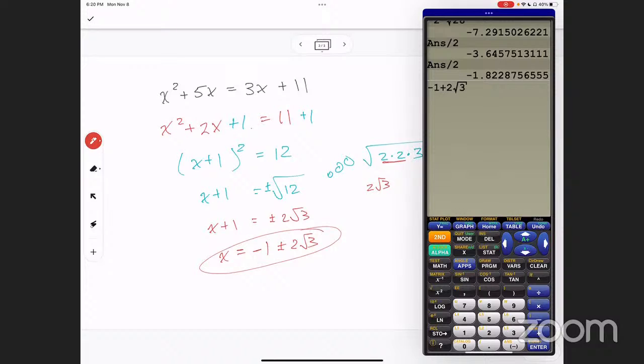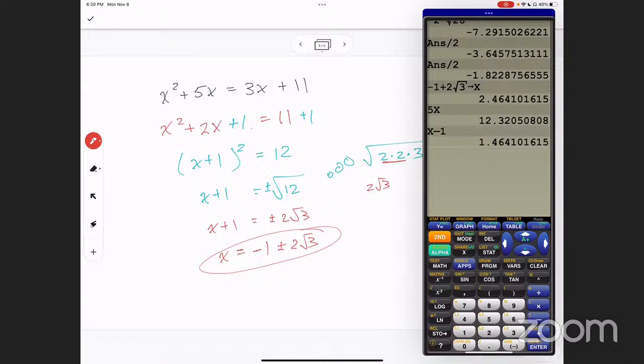Yeah. I'm going to store that for X and hit enter. So every time I type in X, it's going to give me that number back. If I type in 5X, it's going to multiply 5 times that number. If I type in X minus 1, it's going to type in that number and subtract 1 from it.